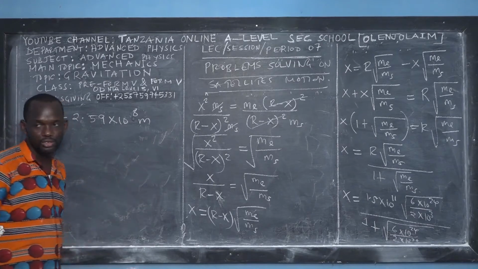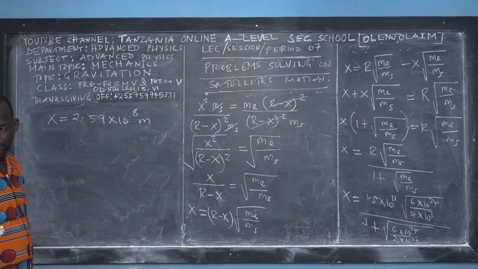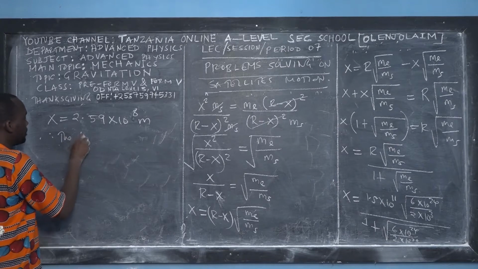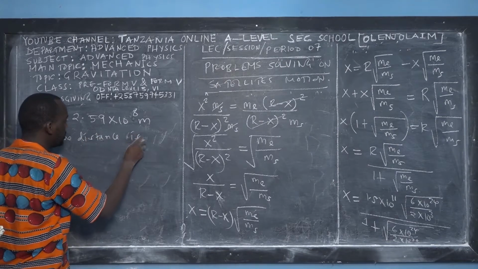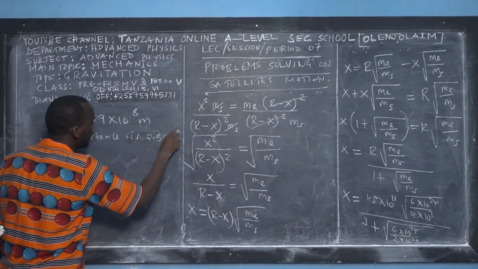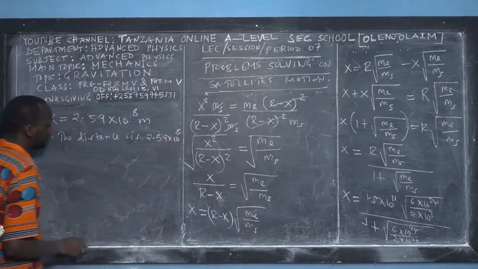So this is the distance where the gravitational force is 0. So therefore, we conclude that the distance is 2.59 exponent 8 meter.